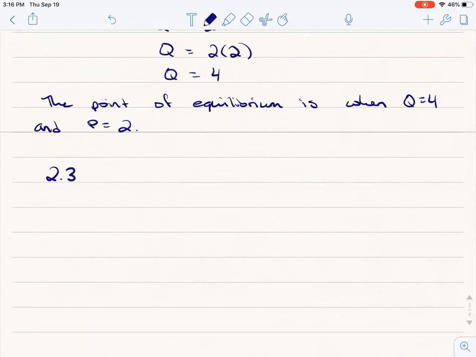Section 2.3 is on linear programming. Like a baby version of linear programming, but still. I like this section because it draws everything together.